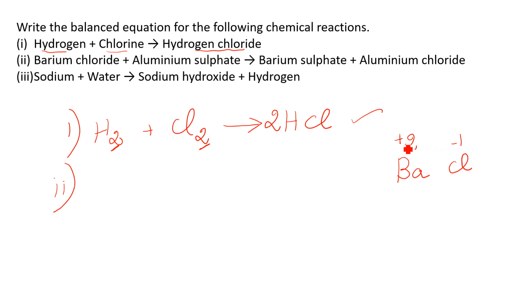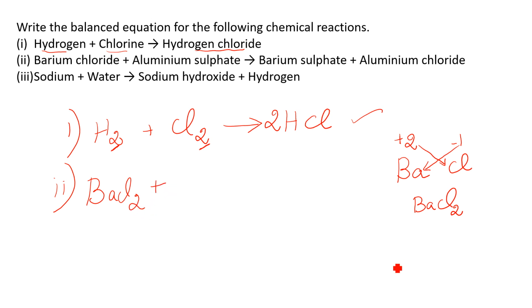Now, neglect the charge, take only the valency and crisscross. The formula for barium chloride will be Ba and Cl2. BaCl2. Okay, so write down the formula. Barium chloride is BaCl2.